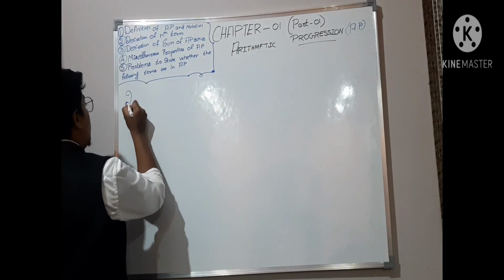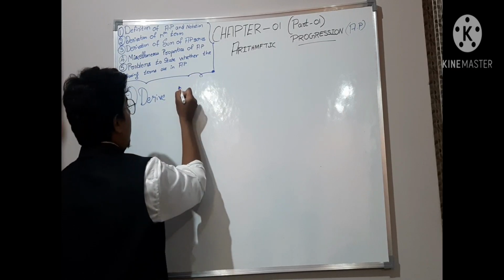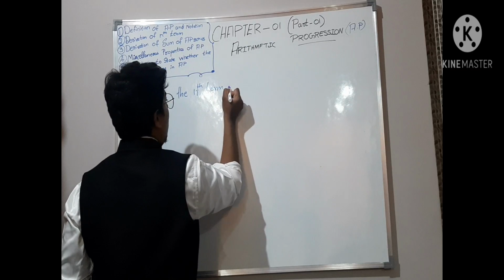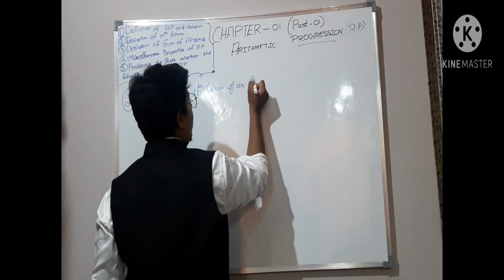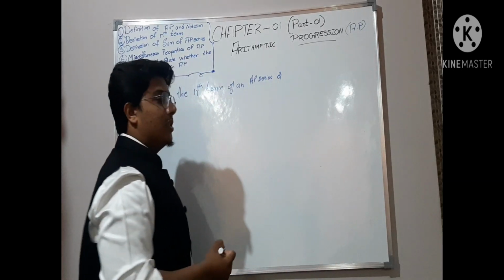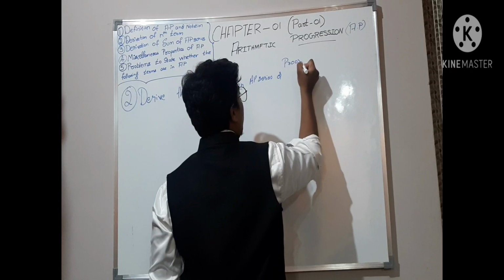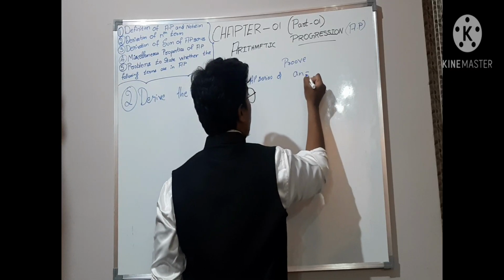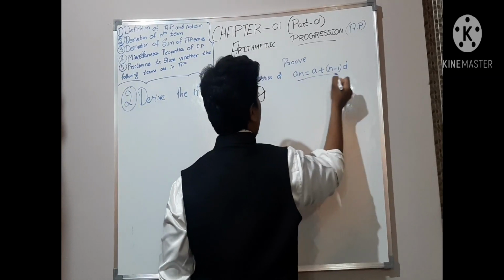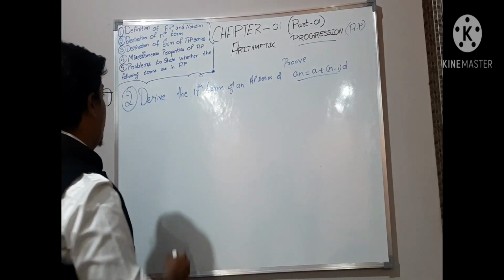The concept is: derive the nth term of an AP series. In board examinations they can also ask, prove AN is equal to A plus N minus 1 times D. Like this, problems may come. So let us go on to the solution.